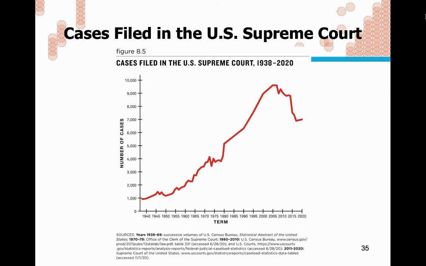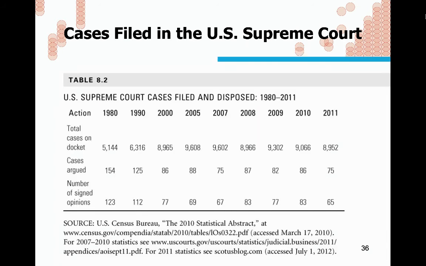I don't know what that is attributed to, but it wouldn't surprise me if we see the line continue to rebound. Here's similar data for a shorter period of time from the Katznelson book, but you can see the total cases on the docket has traditionally gone up, at least since the 80s, and held around 9,000, although the number of cases argued, at least to 2011, had declined, right?